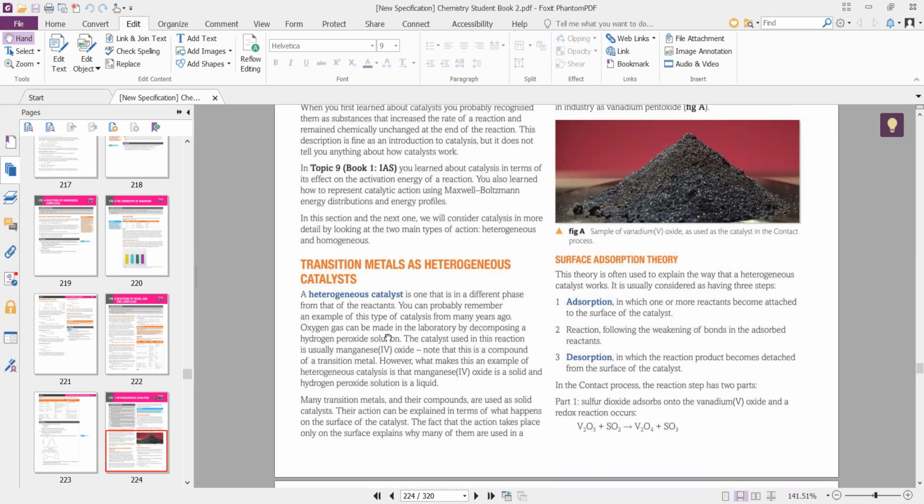MnO2 will act as a catalyst on decomposition of hydrogen peroxide. This reaction produces water plus oxygen.